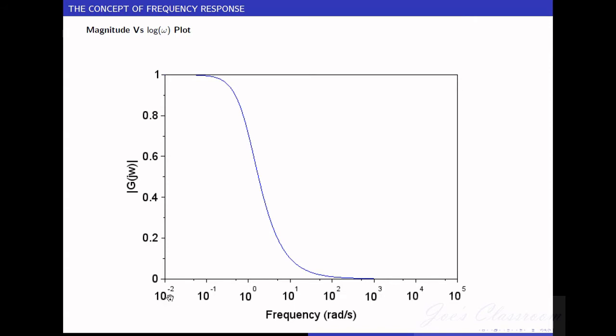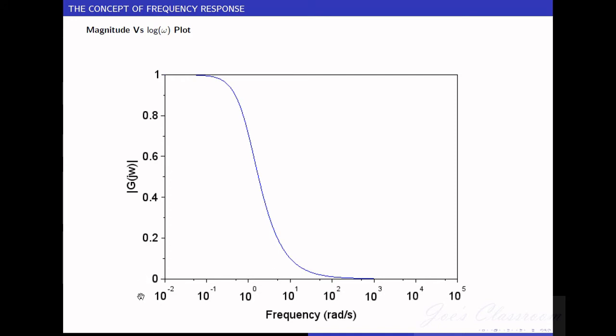In that case, the markings go as 0.1 or 10 power minus 1, then 1 or 10 power 0, 10 or 10 power 1, 100 or 10 power 2, 1000 or 10 power 3, 10,000 or 10 power 4, and so on.